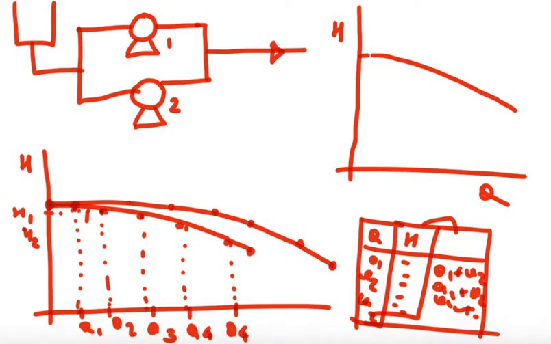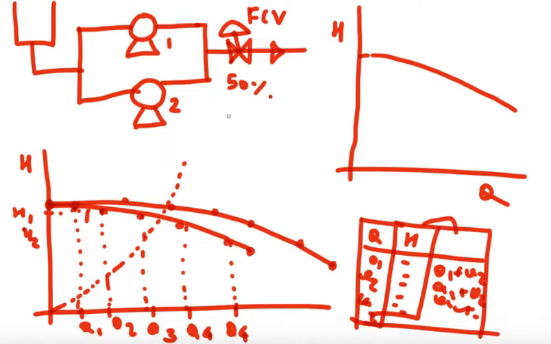You see what is more important here, operation wise. Let's say initially our resistance is here, and we have a flow control valve here, FCV. Initially let's say we have an opening of around 50%, so the resistance is there. Now we increase our opening to 100%, so the resistance will be less.